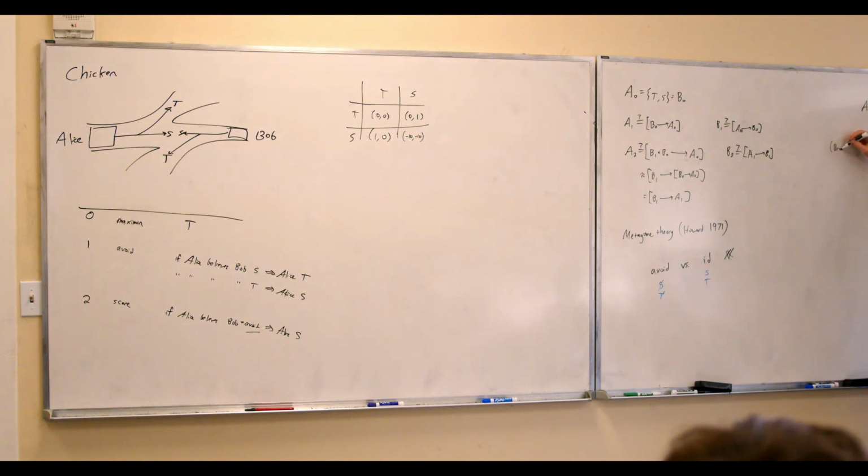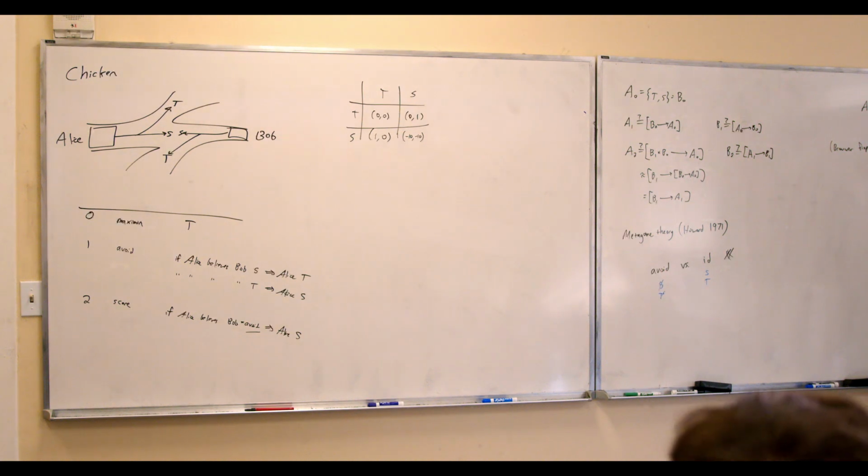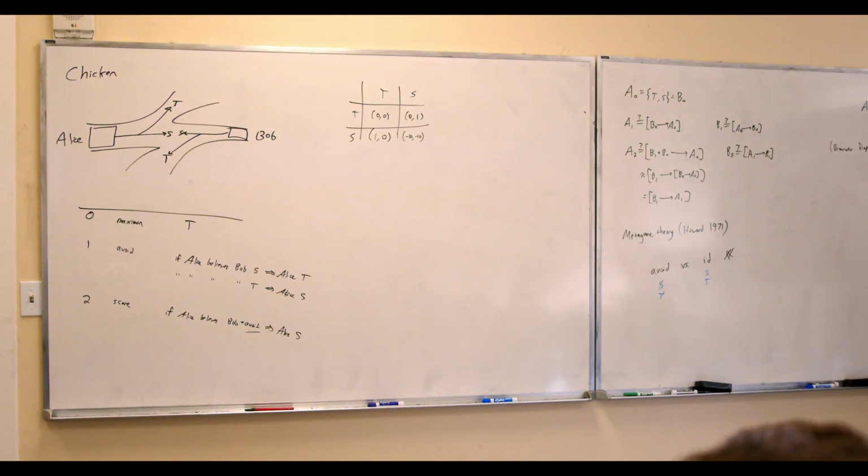Brouwer's fixed point theorem tells us that for every agent A1 and agent B1, there exists a distribution P0 in delta A0 and Q0 in delta B0, such that P0 is the output of agent A1, and Q0 is the output of agent B1.